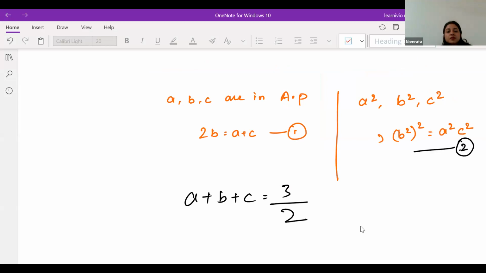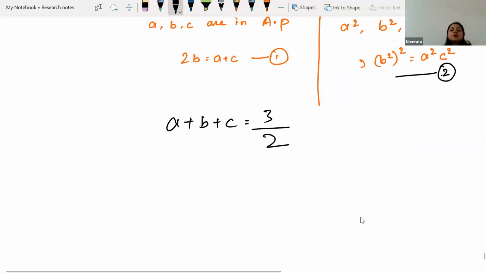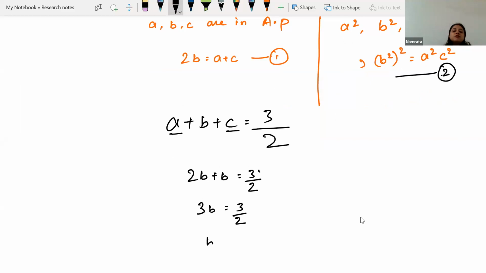Yes, ma'am. Now, let's substitute the value from equation number 1. So A plus C means 2B. So we can write 2B plus B is equal to 3 by 2. We can write 3B is equal to 3 by 2. And can we say what will be the B value from here? Tell me. 1 by 2.